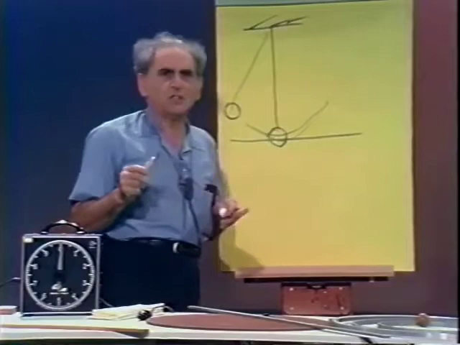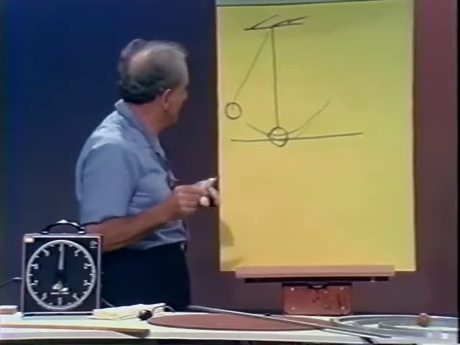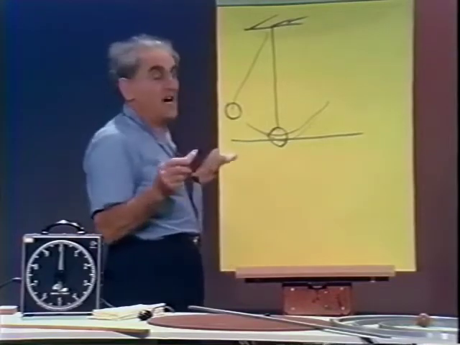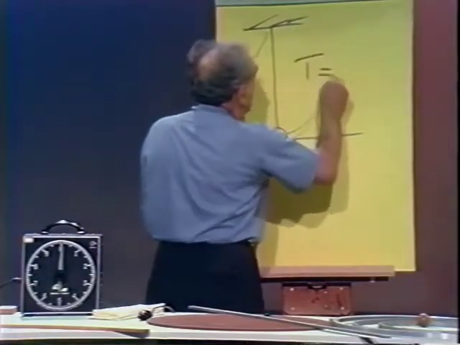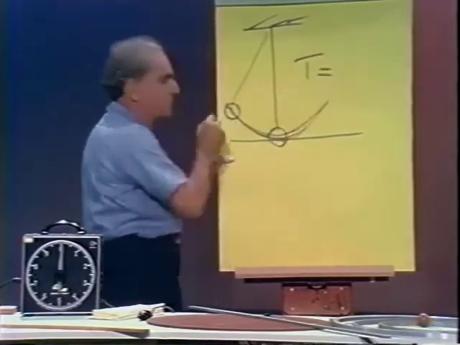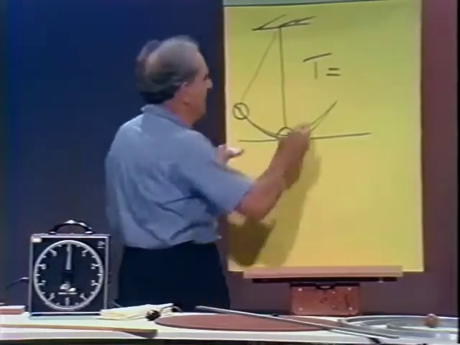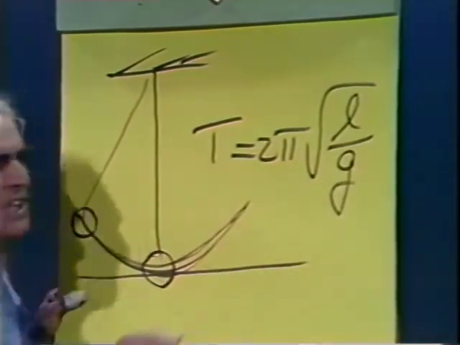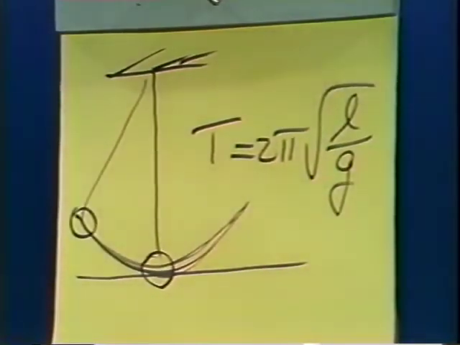Now, we wish to explore its motion. When you study the lesson in this business, you will find that the period, which is the time for a complete trip, comes out to be some such expression, about which I will not have much to say.